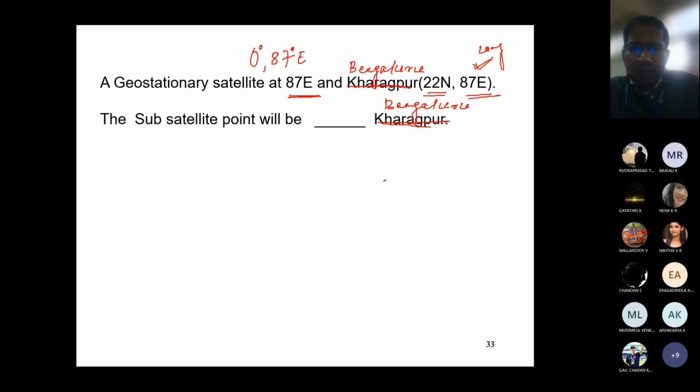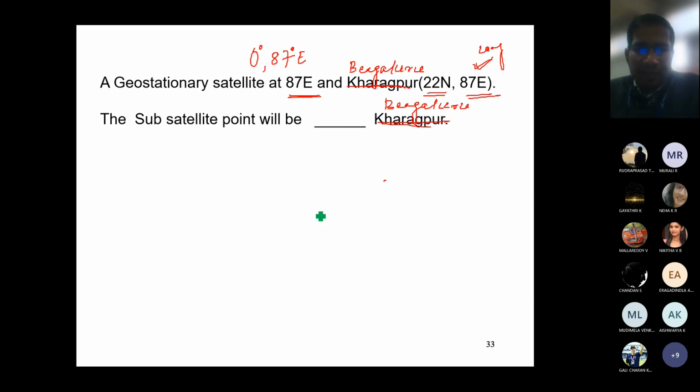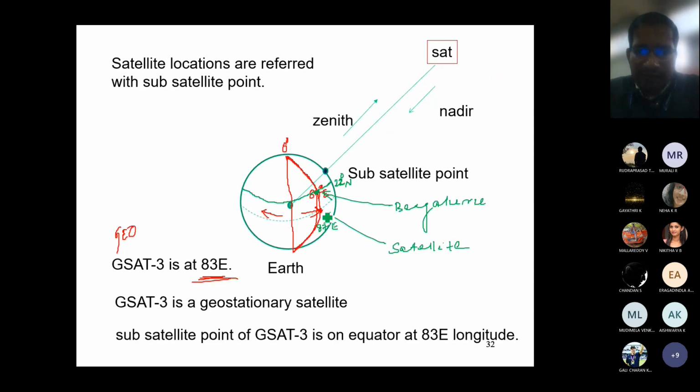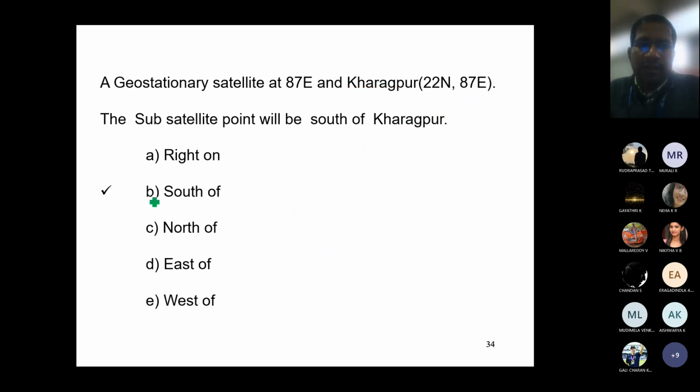You see this diagram. The sub-satellite point is here, and it is south of Bengaluru. Is it or not? This is the southward direction. So the correct answer is south of Bengaluru.